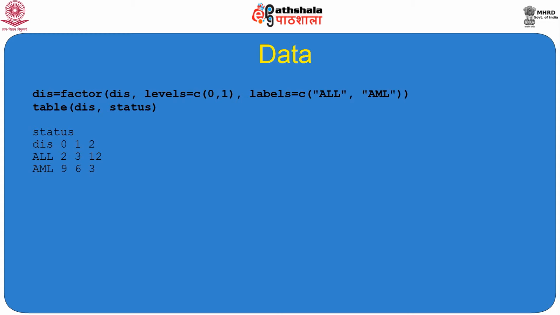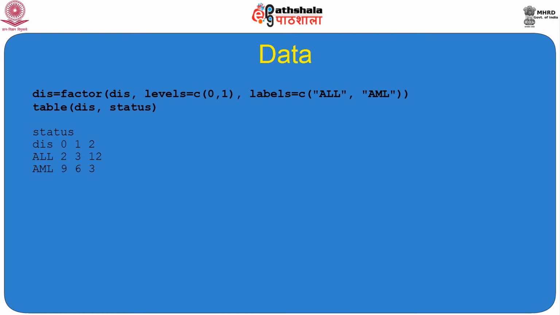Now the status and disease type, that is ALL and AML, have been tabulated through the function table with DIS and status in parentheses. As a result, the first row shows status 0, 1, 2, and the first column shows disease, ALL and AML.